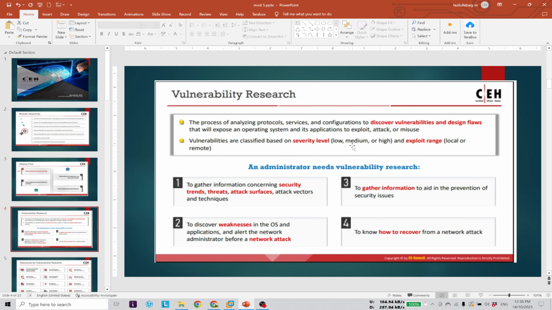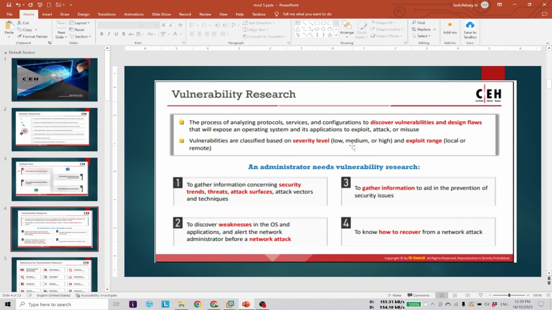For example, in the local network there are two IPs: for laptop A it is 192.168.0.1, and for laptop B it is 192.168.0.2. So we are identifying the two laptops, and they have different operating systems: laptop A is running Windows 10 and laptop B is running Windows 11.